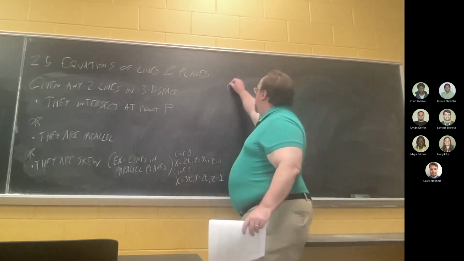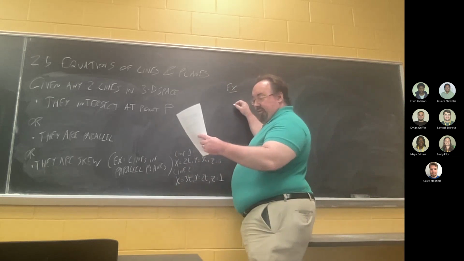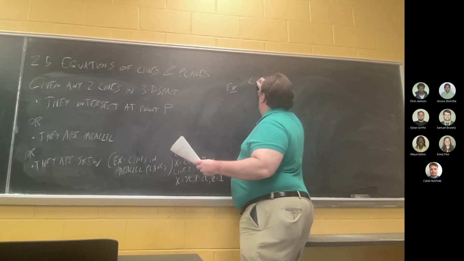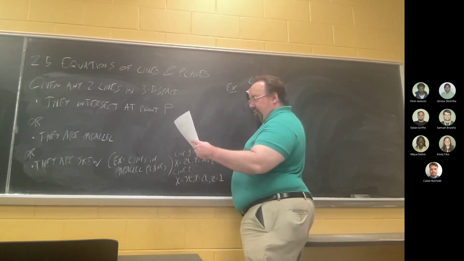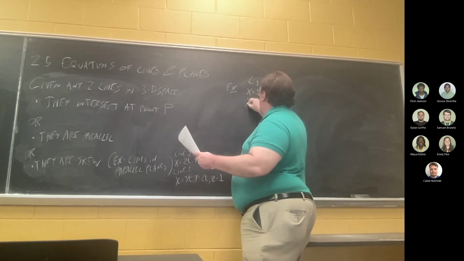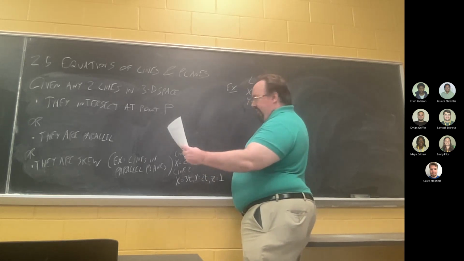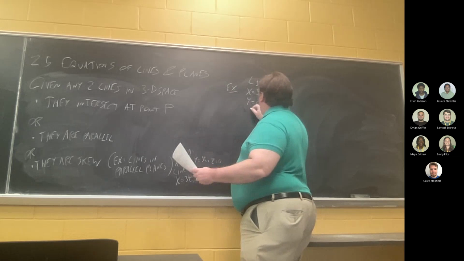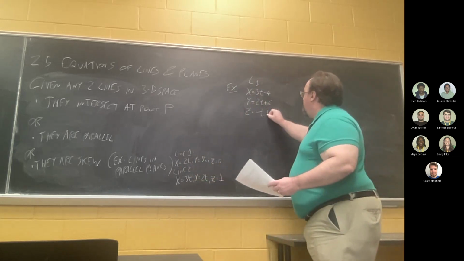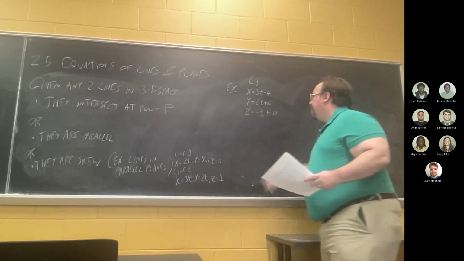So here's an example of how we can figure it out. Our first line, labeled L1: x is 3t minus 4, y is 2t plus 6, z is equal to minus t plus 10.